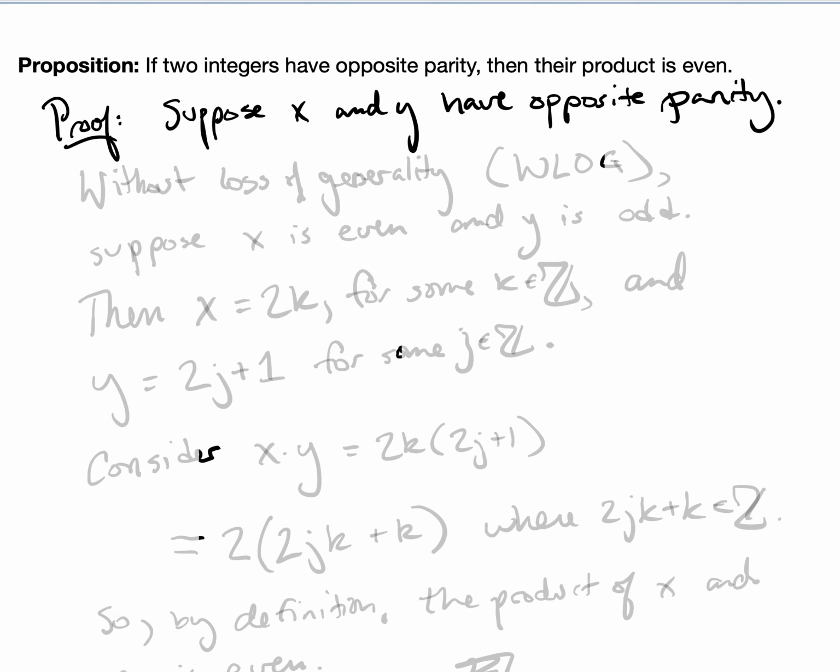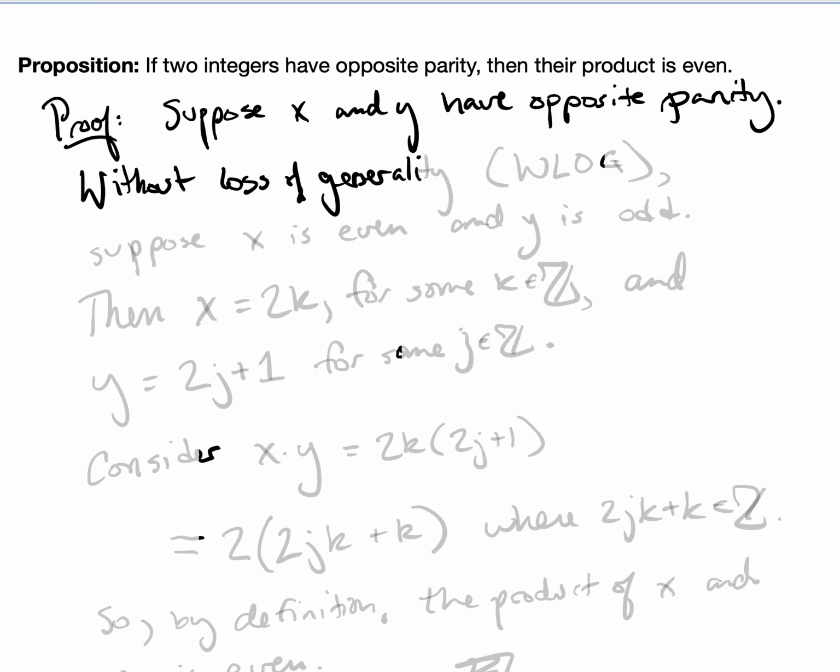And so in a situation like this, our goal is to be both clear and concise. So we want to do these proofs in the least space possible while maintaining clarity. So instead of doing too many proofs that are almost exactly the same aside from the label of x and the label of y as even or odd, a really common phrase in mathematics is without loss of generality.